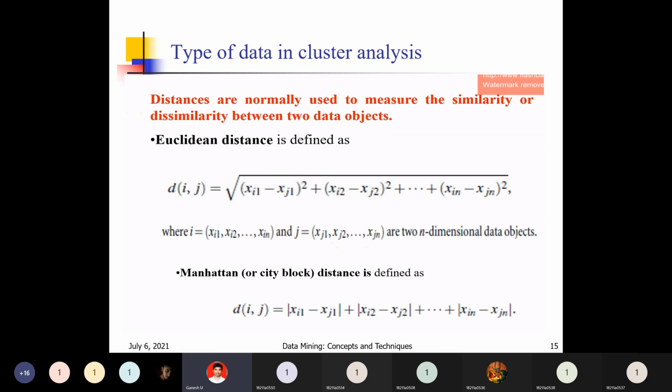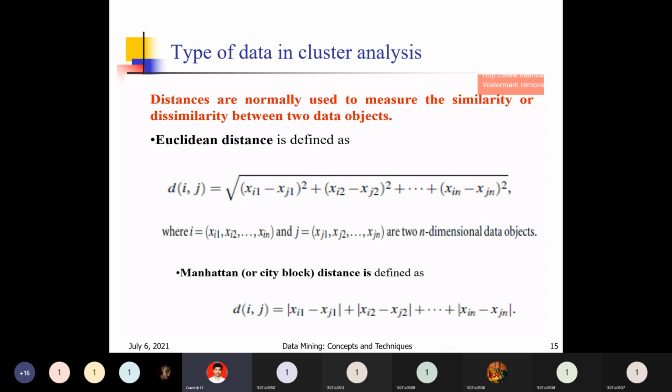Euclidean distance is defined as d of ij equal to the square root of (xi1 minus xj1) squared plus (xi2 minus xj2) squared, and so on, plus (xin minus xjn) squared. This is the Euclidean distance.